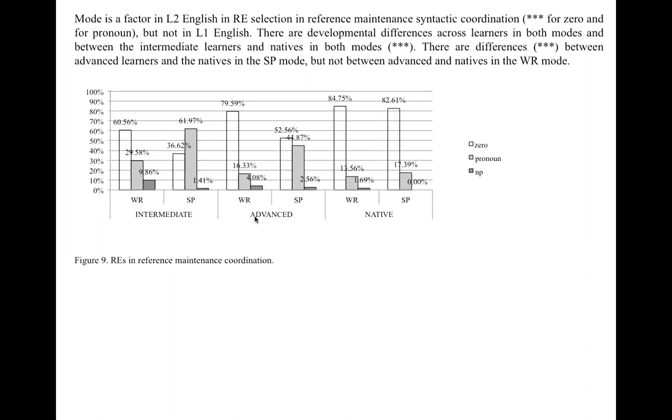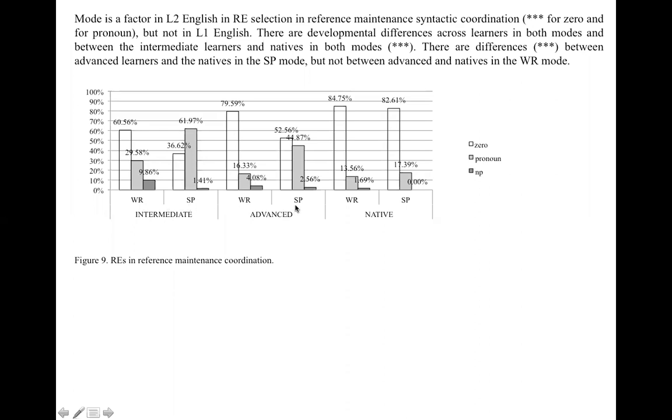There are statistically significant differences for zero and for pronoun when we compare written and spoken language. So in spoken language, pronouns seem to be higher. It is pretty much the opposite in the intermediate group if we compare written and spoken language.